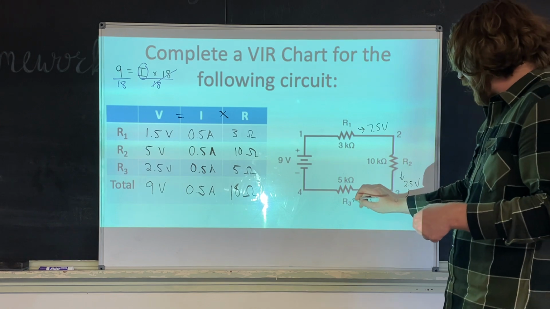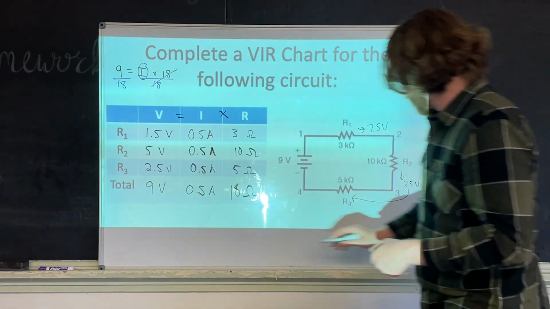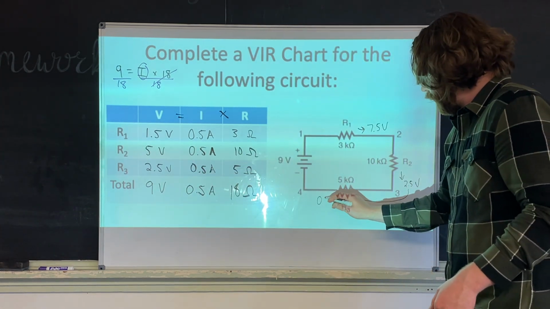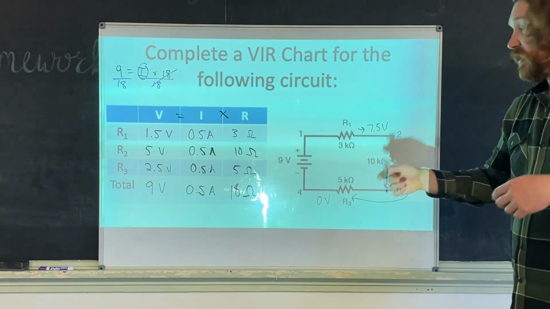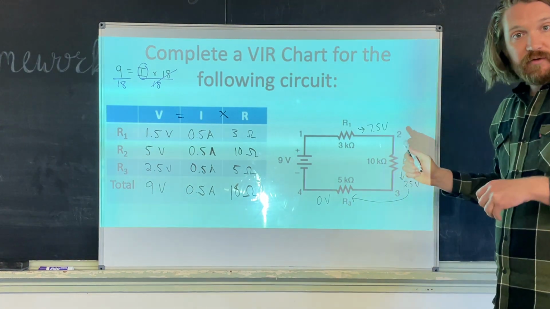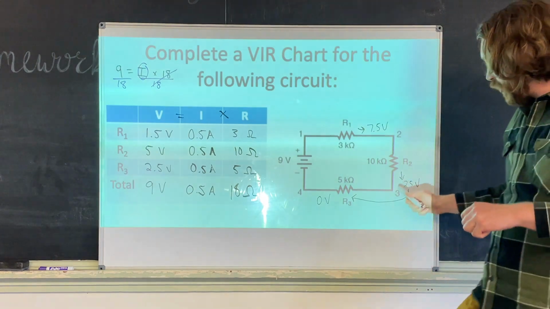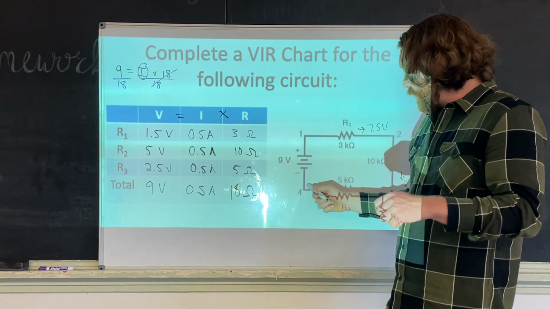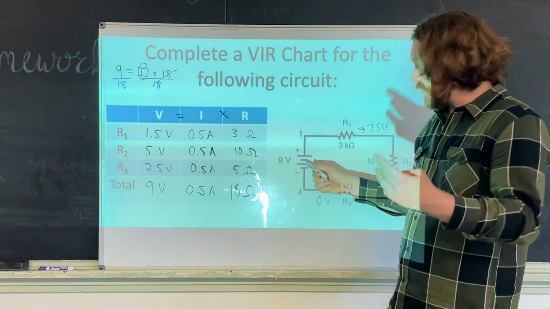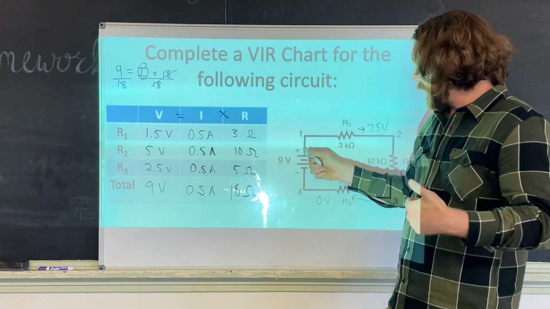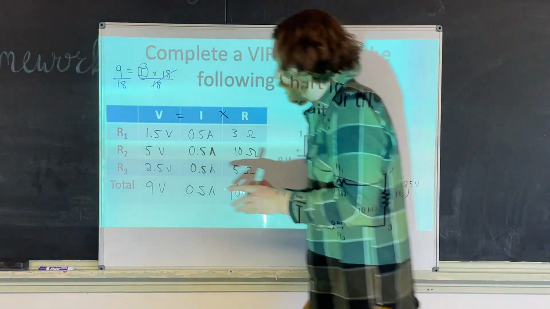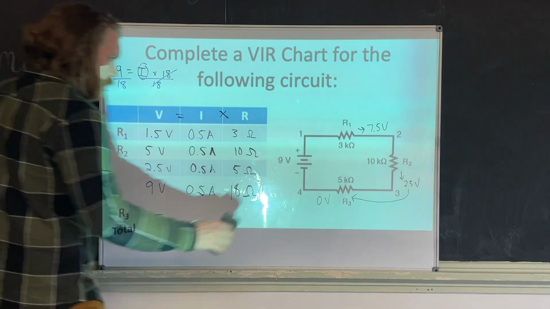And that goes into the last resistor, and the last resistor eats up those 2.5 volts. There's what we call a voltage drop over every one of the resistors. And by the time that current gets back to the battery, it's all been used up, but guess what? The battery charges it back up again, and you start the same cycle over and over.